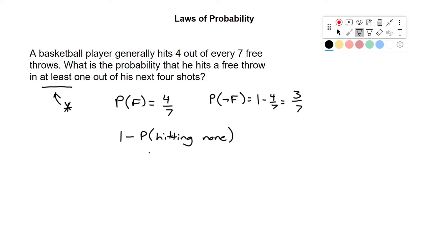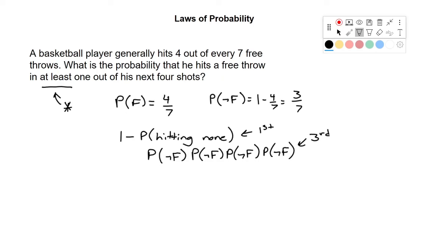Well, it's the probability of him not hitting 1 on the first shot times the probability of him not hitting 1 on the second shot times the probability of him not hitting 1 on the third shot times the probability of him not hitting 1 on the fourth shot. Right? This is using our third law. So this is using our first rule. This is using our third one.